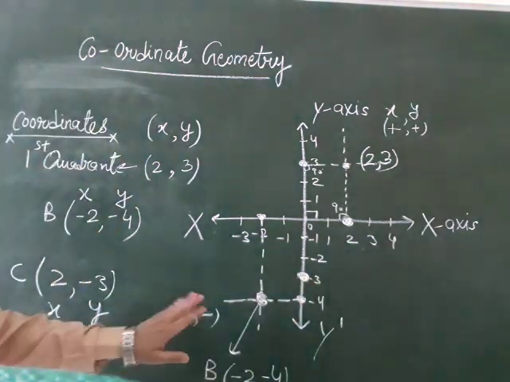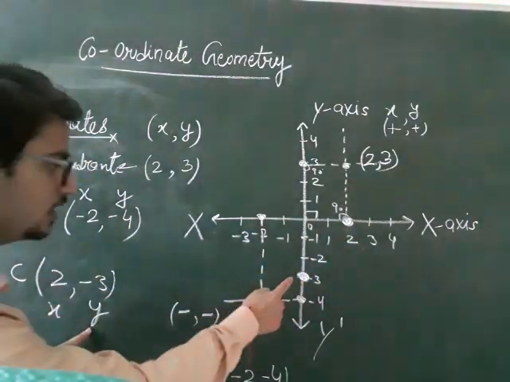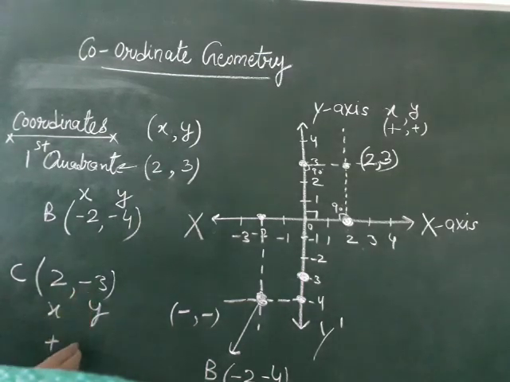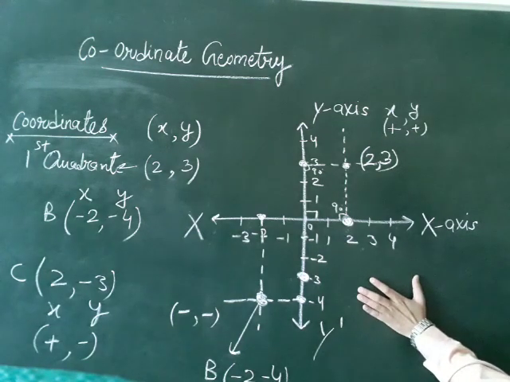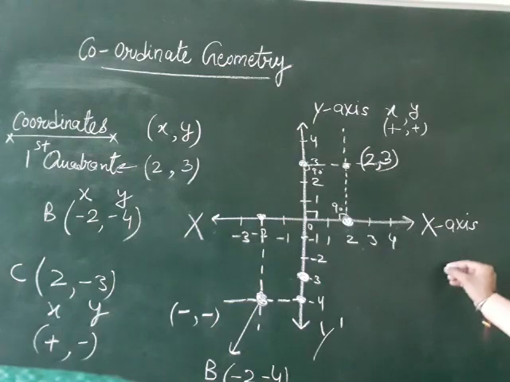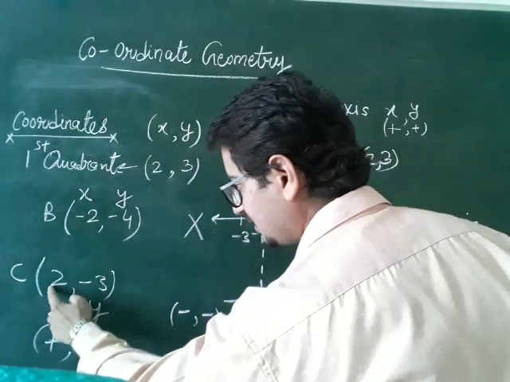Okay, first of all we will find where is x and where is y along with their sign. Now we know this is positive and this is negative, and this kind of coordinate can be found in the fourth quadrant, because the signs of the coordinates present in the fourth quadrant are of the type plus minus, and it is also plus minus.